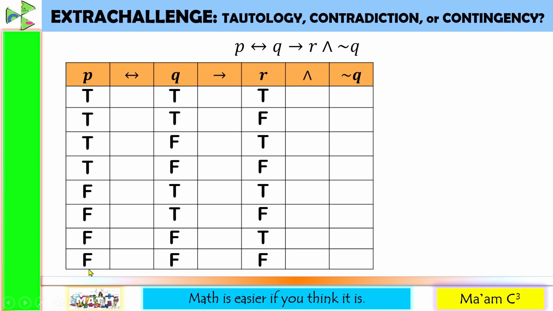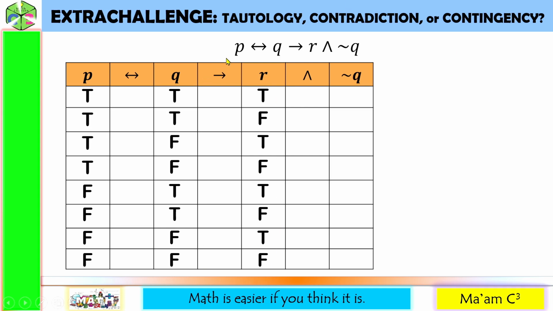And I have already written the possible combinations for these three propositions. Again, write first 4 truths and 4 falses. For the second proposition, write 2 truths, 2 falses, 2 truths, 2 falses. And for the third proposition, alternating true, false, true, false, true, false, true, false.